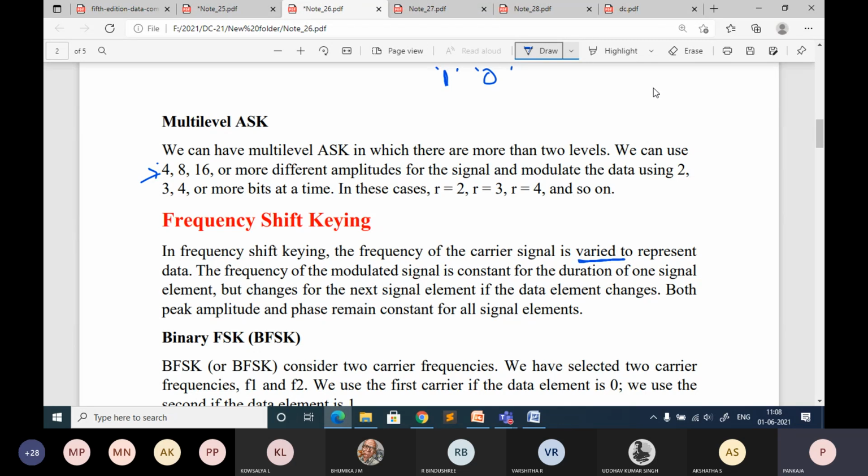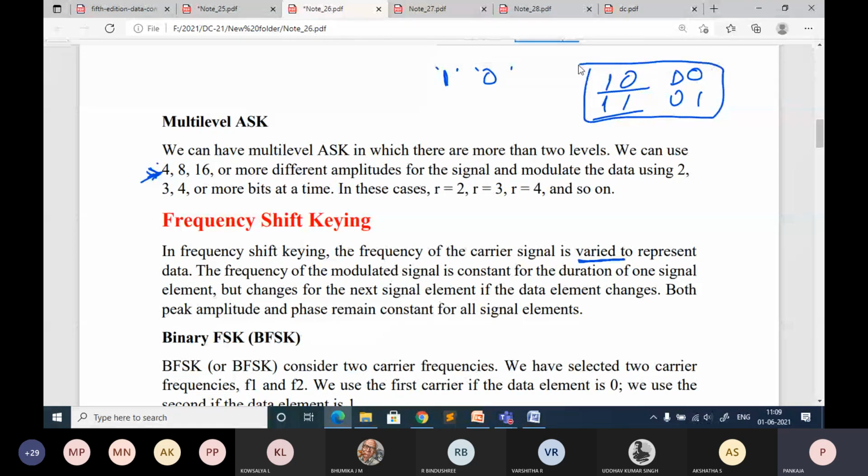If each signal element is carrying 2 bits, you will get 4 different levels: 00, 01, 10, 11. So you will get 4 different amplitudes to represent this data. In binary ASK, for 1 you take high amplitude and 0 amplitude for 0.